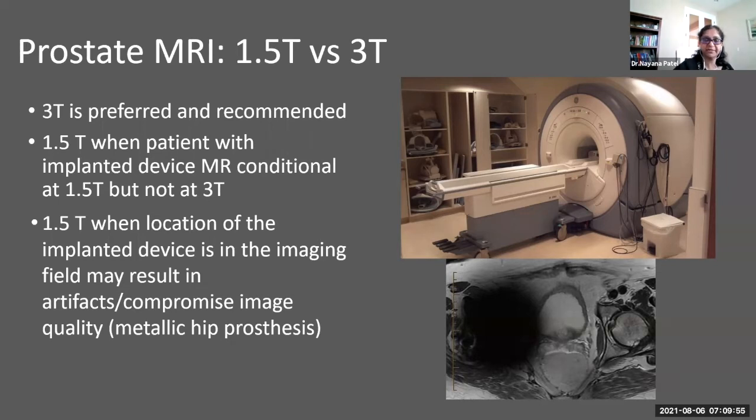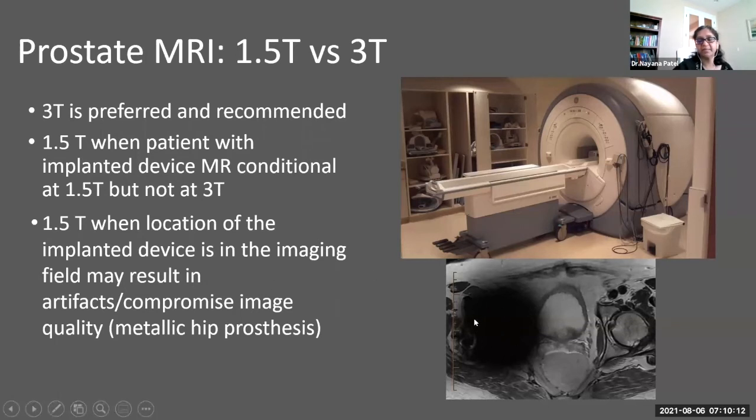This is for patient safety. 1.5 Tesla should also be used when the location of the implanted device is in the imaging field and may cause artifacts and compromise image quality, like a hip prosthesis.